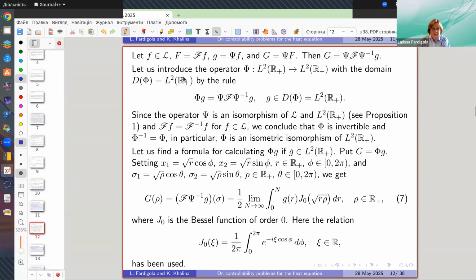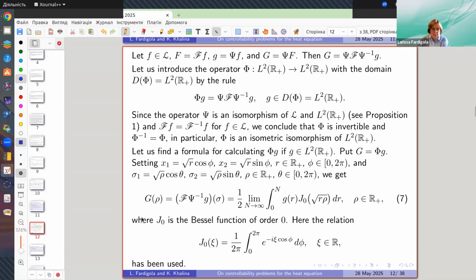We can also represent the Fourier transform through the operator phi by the following rule. Sorry, we can introduce a special operator phi acting from L2 of R plus to L2 of R plus according to the following rule.